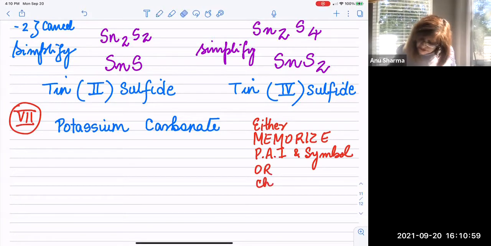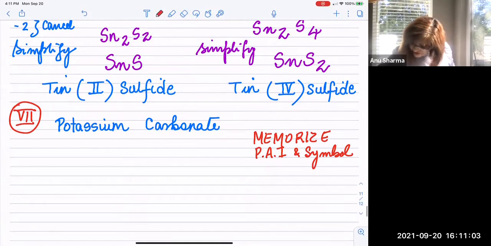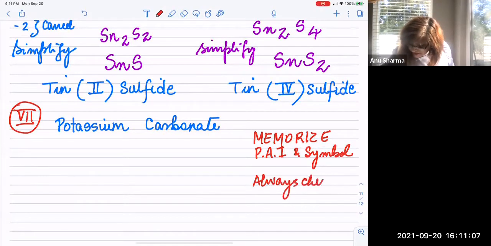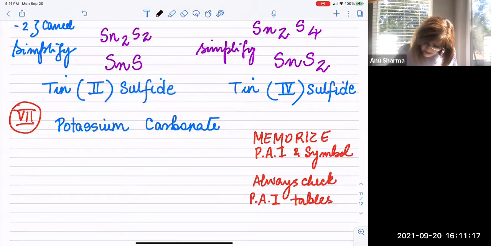It's not either, you have to memorize, and then always check so you don't make a mistake. Always check the polyatomic ions tables. So we see in the polyatomic ions table, carbonate is CO3 -2. And potassium stands for K.